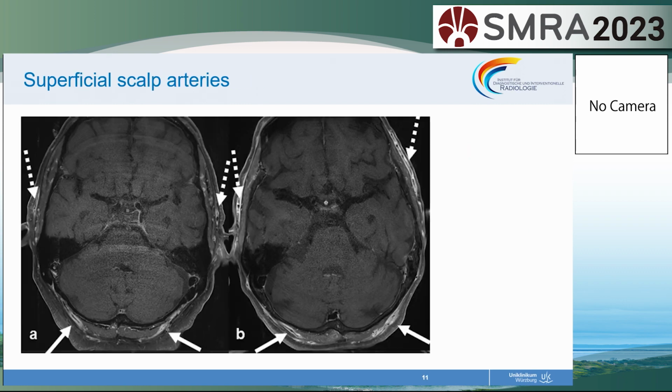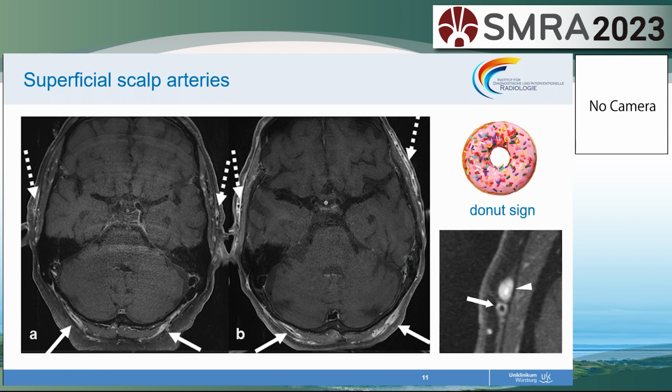Now, these are typical findings of the scalp arteries, and the arrows mark, for example, the occipital arteries, which are heavily inflamed bilaterally in this particular patient, but also the main stem of the temporal artery on both sides. And on this image, you can see the frontal branch of the left temporal artery, which clearly shows signs of inflammation.